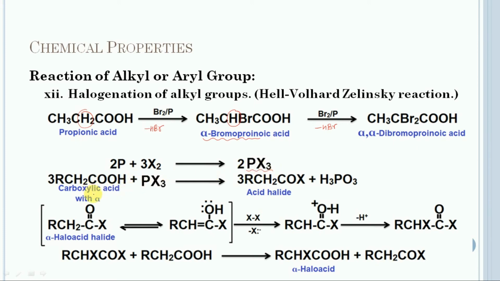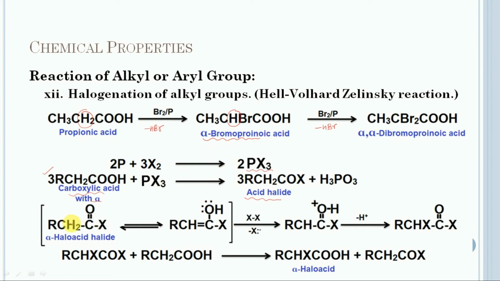In step number 2, this phosphorus trihalide will react with the carboxylic acid which contains alpha hydrogen. In this case, 3 moles of acid will react with 1 mole of phosphorus trihalide and 3 moles of acid halide will get formed.